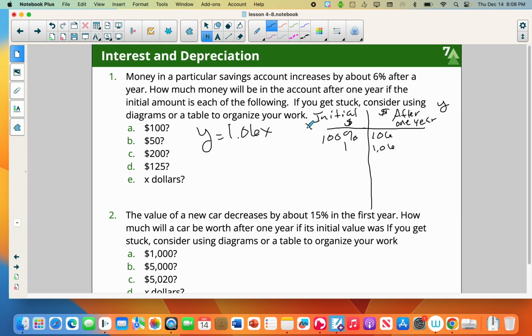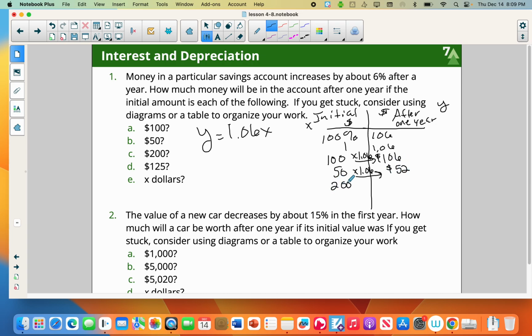And so we can put 100 in for the initial amount, multiply by 1.06, and we end up with $106. If I put $50 and multiply by 1.06, we end up with $53.